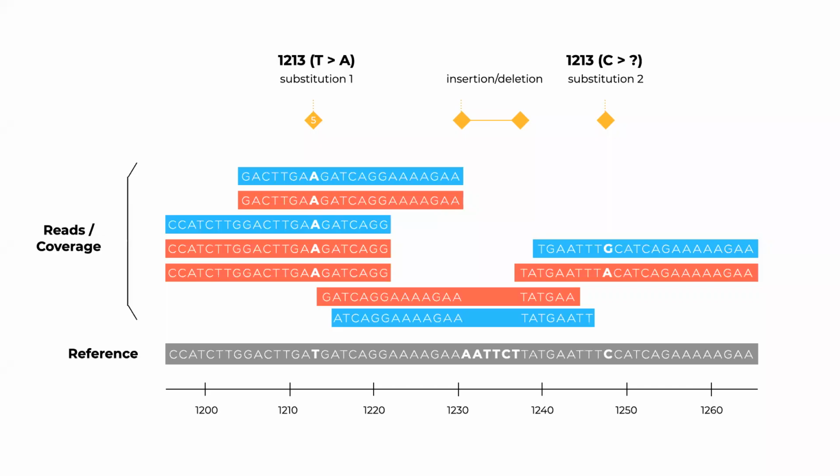So when we look at those changes by comparing a genome to a reference genome, we're most interested in changes. So what kind of changes are there? There are mutations like substitutions, insertions, and deletions. Some of them have a higher confidence. Some of them have a lower confidence.